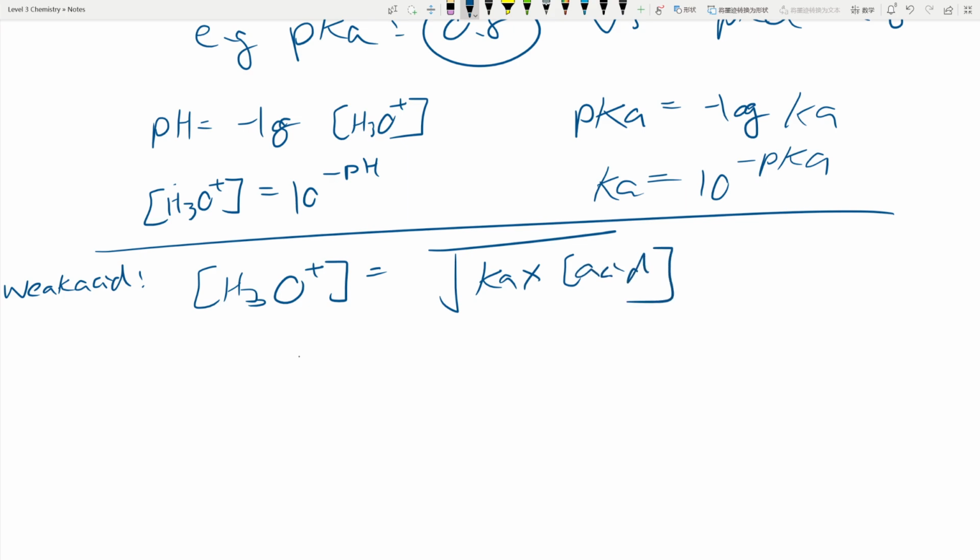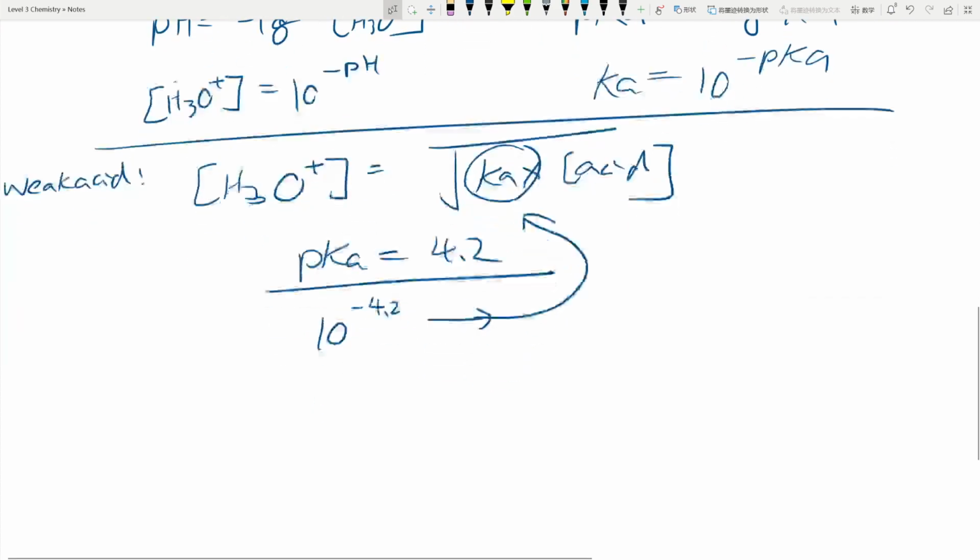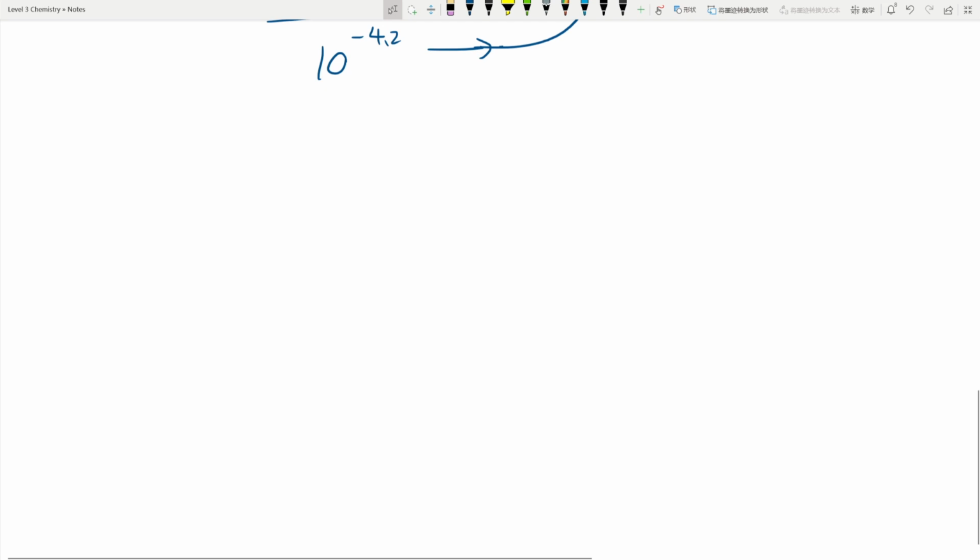What if I say pKa equals 4.2, and you're like, oh my god, the equation needs Ka, what am I supposed to do? Well, first of all, 10 to the power negative 4.2 will give you the Ka, and then just substitute. Just one extra step.